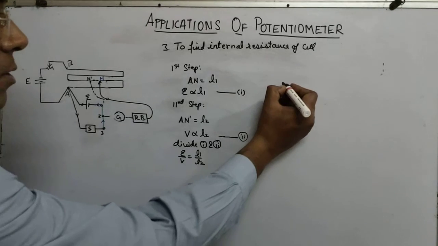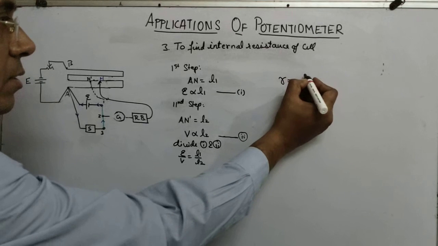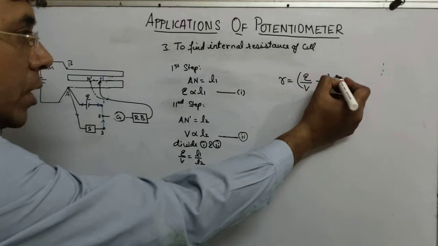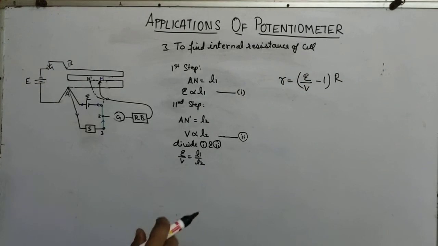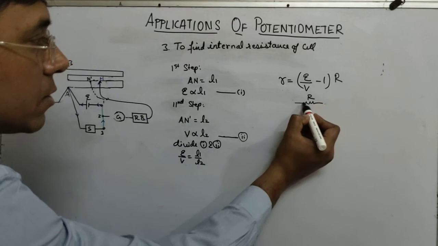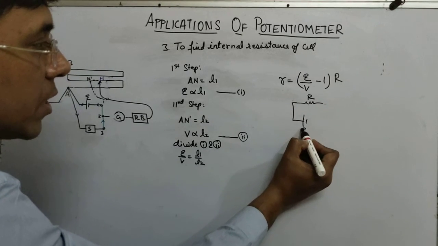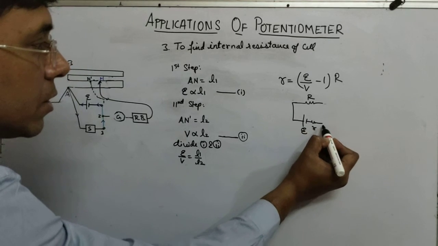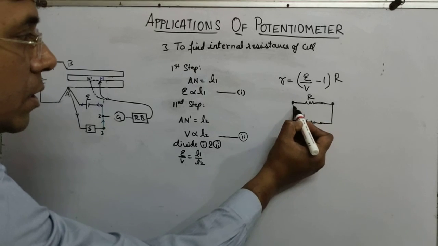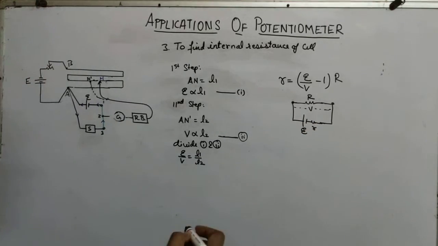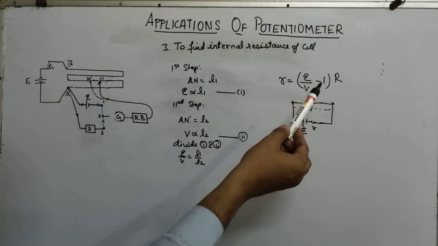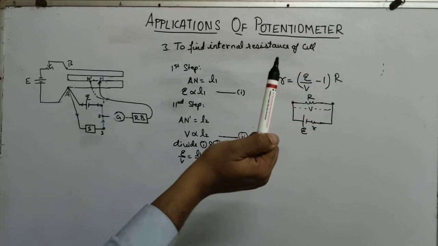The formula, if you remember, is small r equals (E upon V minus 1) into capital R. This formula is valid for a circuit with an external resistance R and a cell which has an EMF E and internal resistance small r. Then the potential difference across R is V. For this circuit, the internal resistance which we calculate is (E upon V minus 1) into capital R, where capital R is the external resistance.